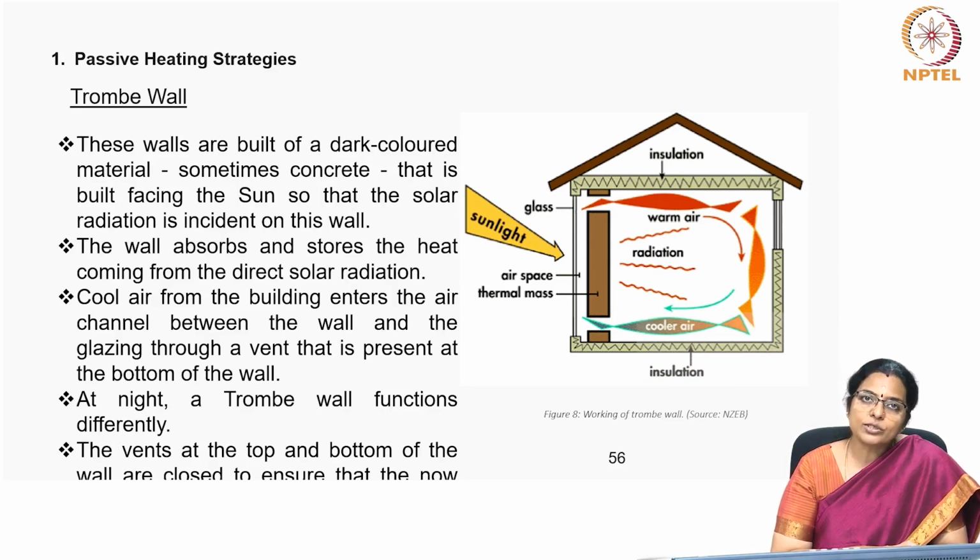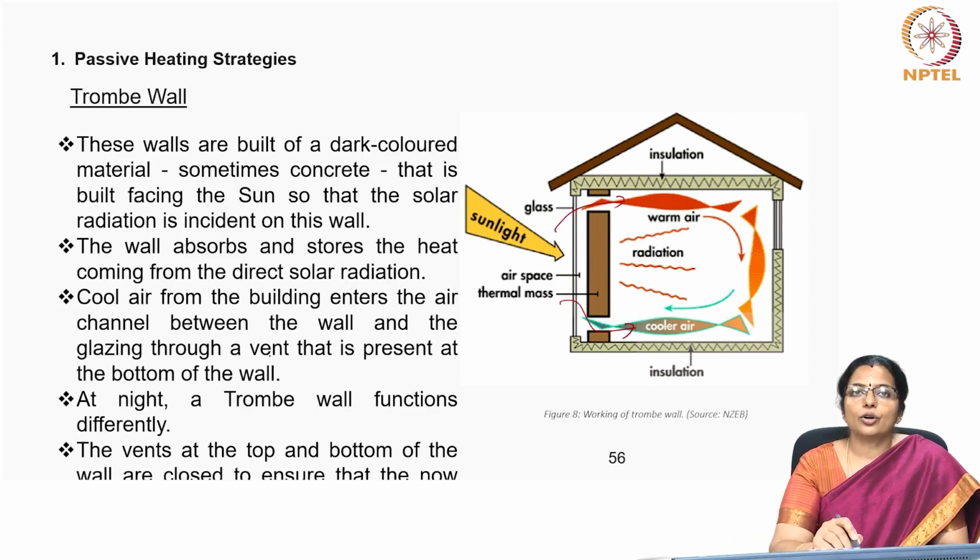The wall absorbs and stores the heat coming from the direct solar radiation. Cool air from the building enters the air channel between the wall and the glazing through a vent. This is present at the bottom of the wall also.